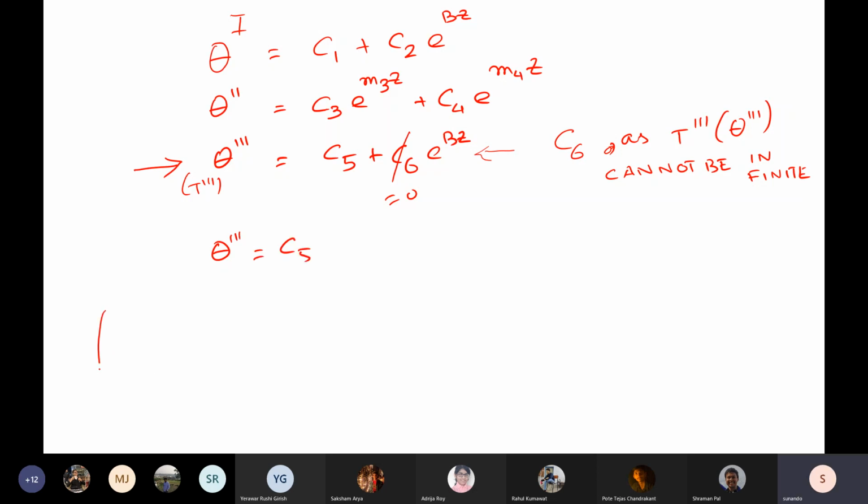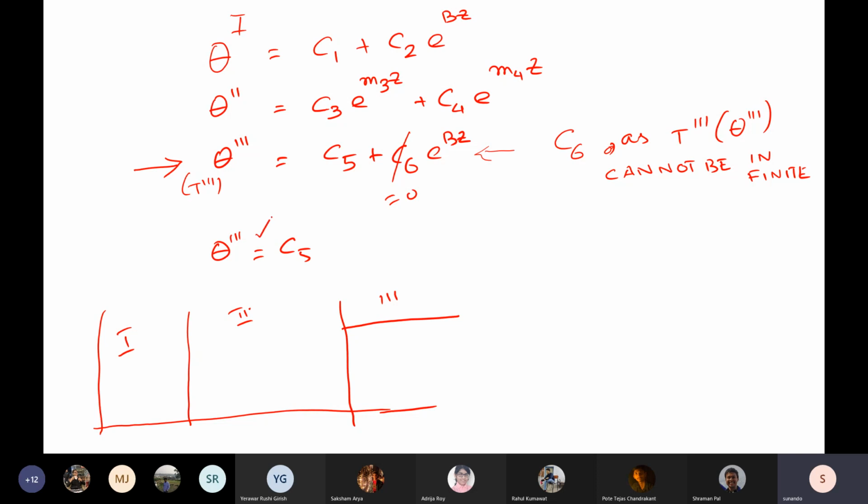Okay. So I am drawing the profile right now. This is my zone 1, this is 2, and this is 3. So what is going to be the profile of 3? It's going to be like this.